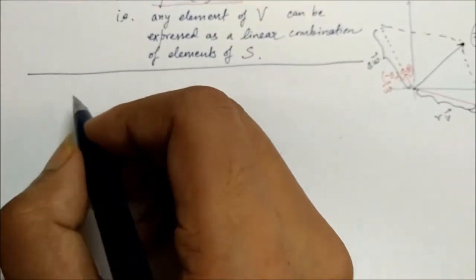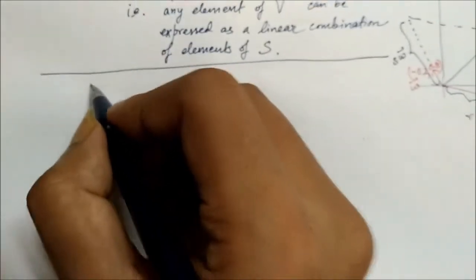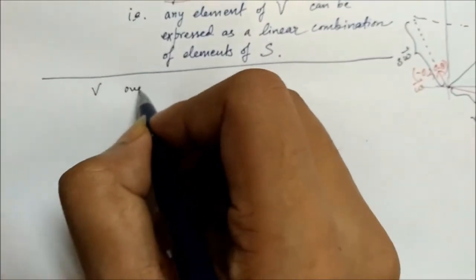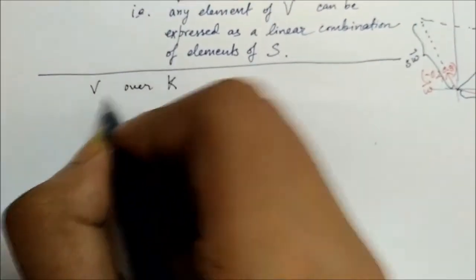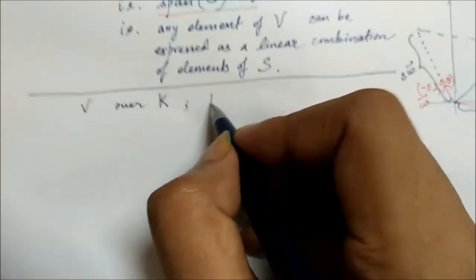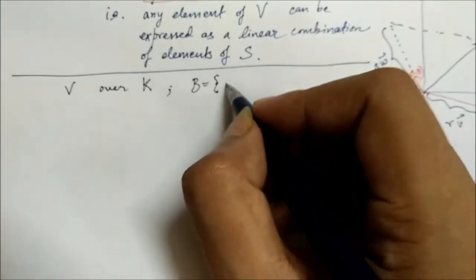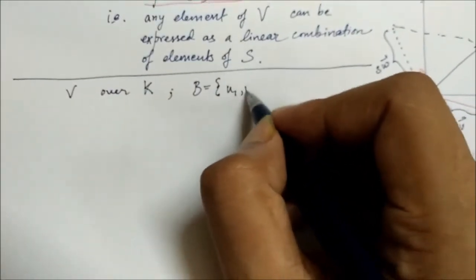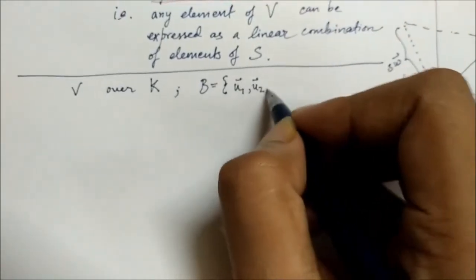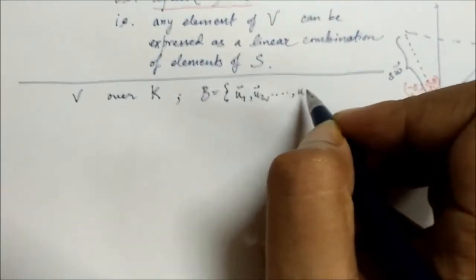Now, let us consider a vector space V over a field K, and let B be a basis of this vector space.